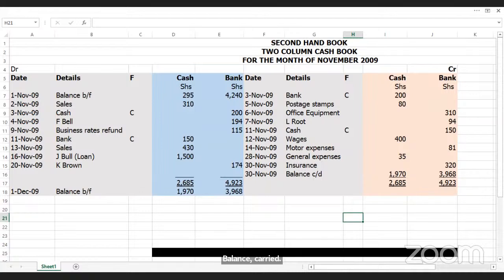Carried down is used at the end of the period. We use balance carried down when we are balancing off the account. Then balance brought forward is used when we are referring to the opening balance at the beginning of the period.